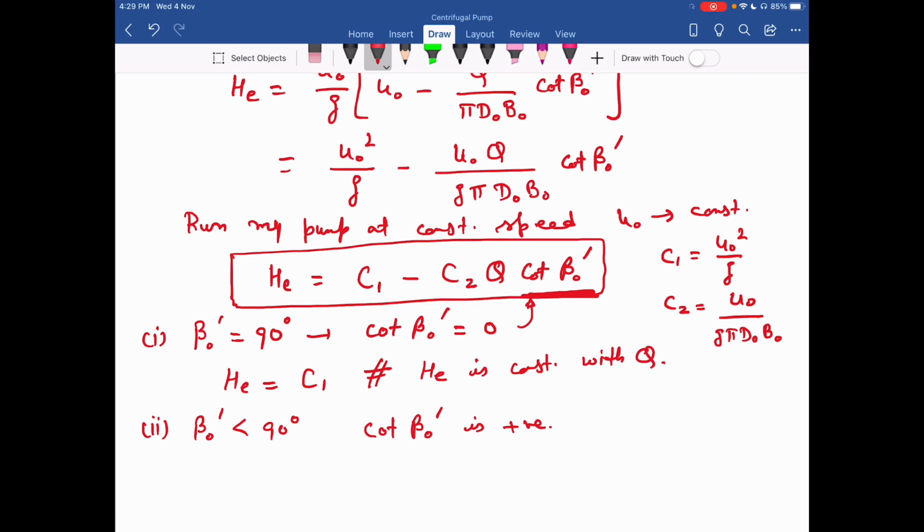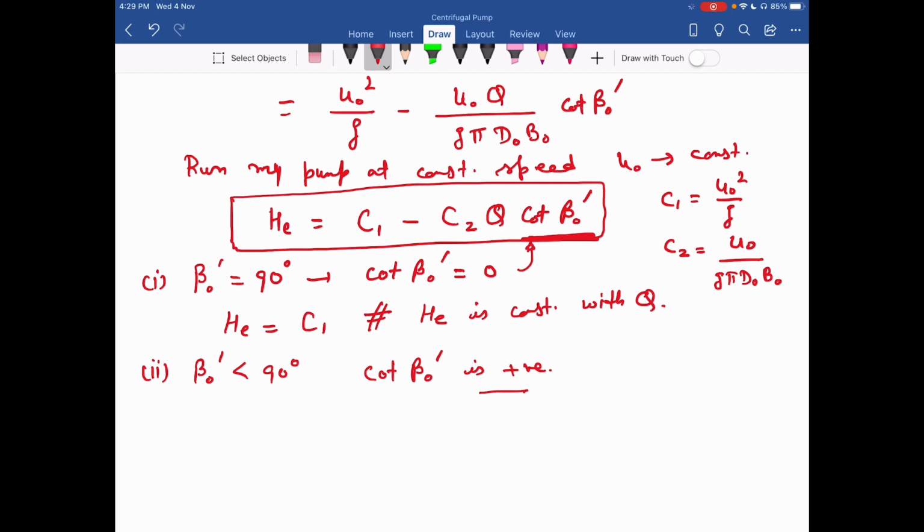So that means if you put this positive value into the above equation of H_E, you can say that H_E decreases with discharge.